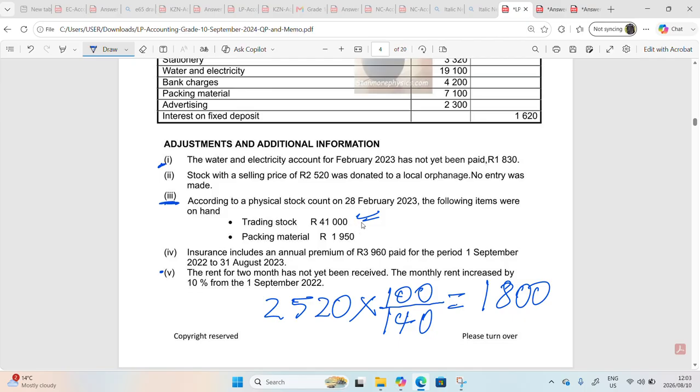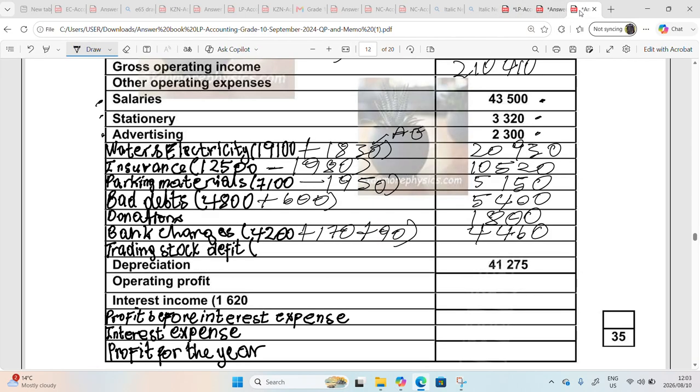So on our side, we just need to find the difference, then record the trading stock deficit, sorry. 42,200, you minus the 41,000, and then you should get a trading stock deficit of 1,200.